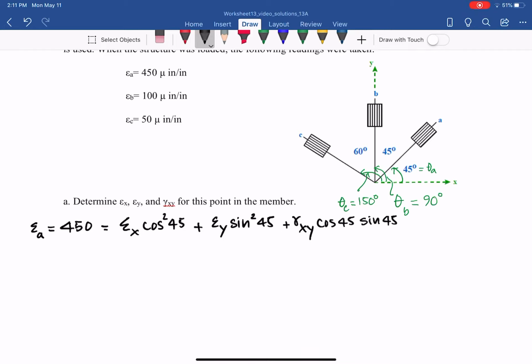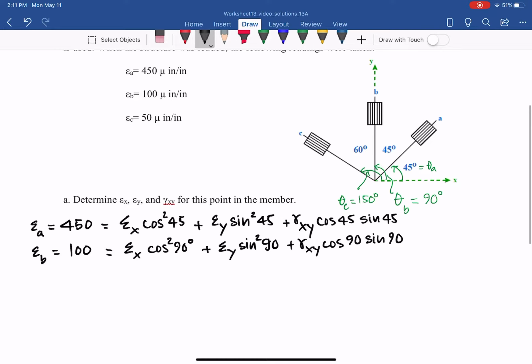And of course we have the epsilon B equation, equal to 100 micro: epsilon x cosine square 90 degrees, plus epsilon y sine square 90 degrees, plus gamma xy cosine 90 sine 90 degrees.